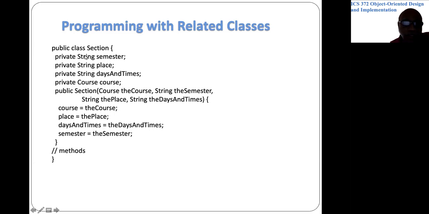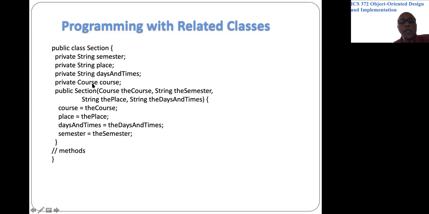It is not string or int or anything that you find in the Java language. It is something that we created, the Course class. So this is a reference, just like days and times or place or semester, but instead of referring to a string object, this is referring to a course object.